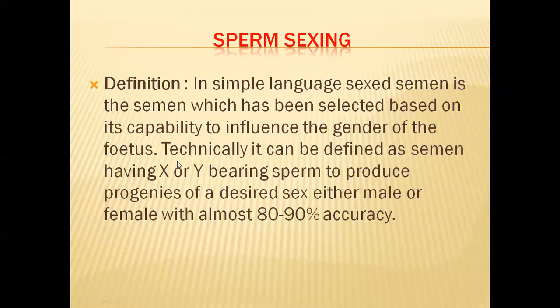If we want a female offspring, we will use only X chromosome bearing sperms. For that purpose, these American scientists succeeded in devising a technology, which we call sperm sexing technology.